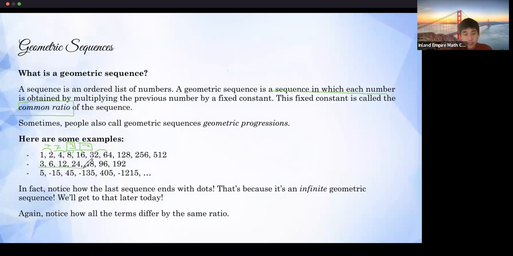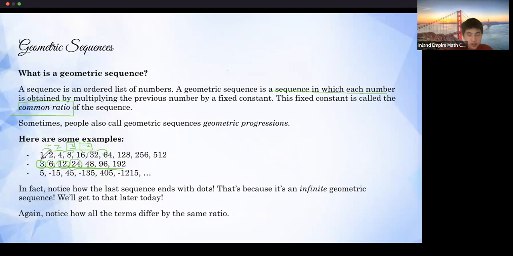Let's look at the next sequence: 3, 6, 12, 24, 48, 96, and 192. Once we look at these numbers, we'll see that they also have a similar trait as the last one. Now, who can tell me the common ratio of this sequence? Remember, the common ratio is what you multiply each number by to get the next number in the sequence.